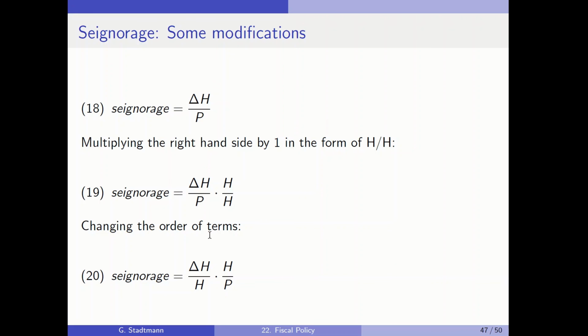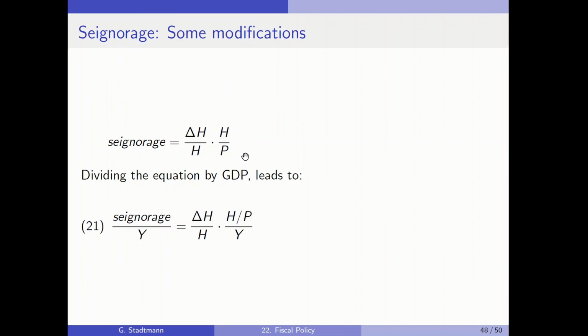When we change the order of the terms, so we put this h on the left fraction and p in the denominator of the right fraction, we get to equation 20. Once more, this is equation 20. Then we divide this equation by GDP and we get to equation 21. So we are dividing the left-hand side by y, and we are also dividing the right-hand side by y.